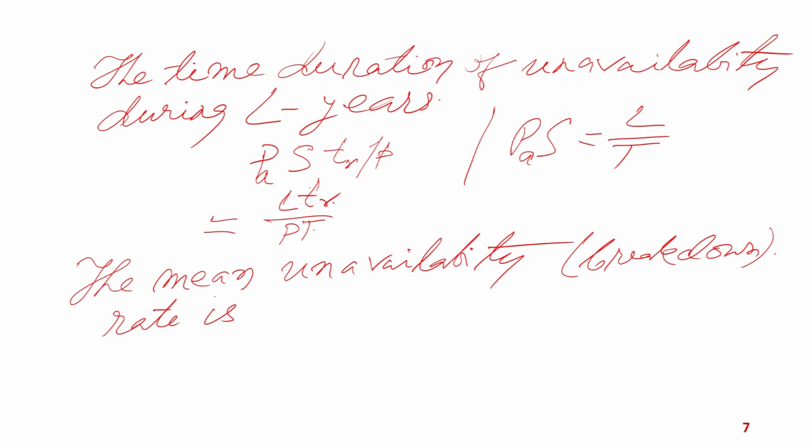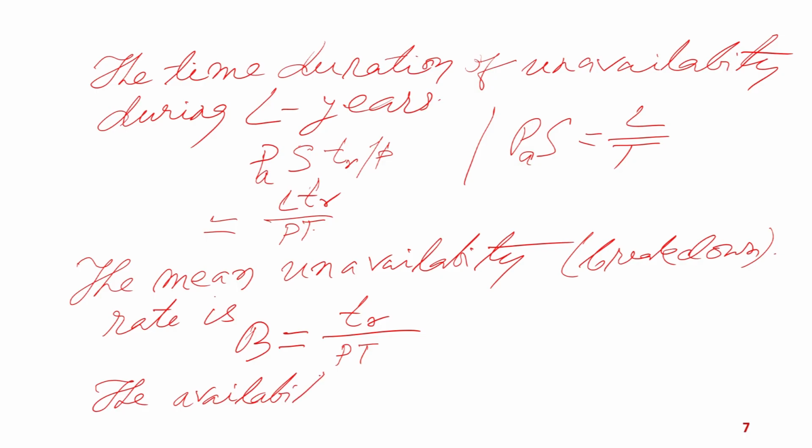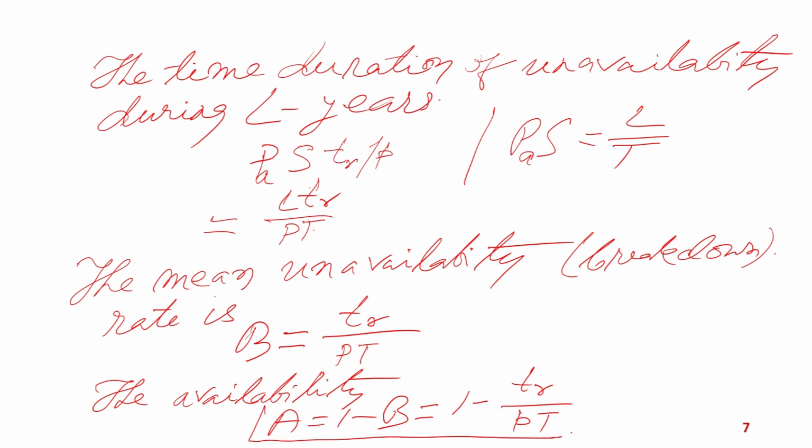So, I can get B is equal to T R by P into t. So, I can find the availability A is 1 minus B, and this is given by 1 minus T R by P into t. So, this is a very important relation to be remembered.